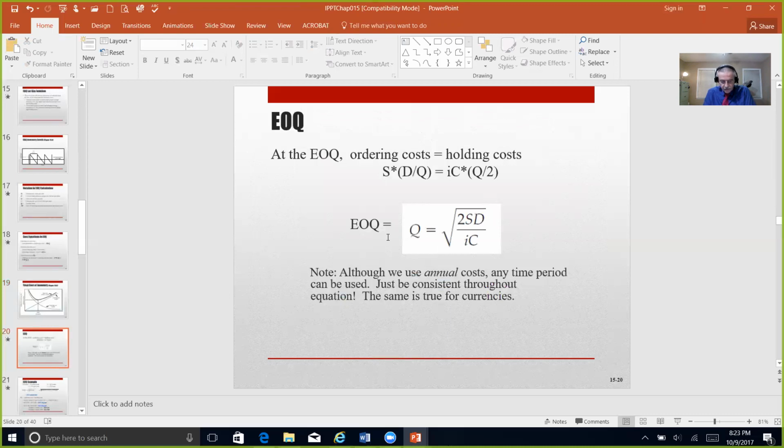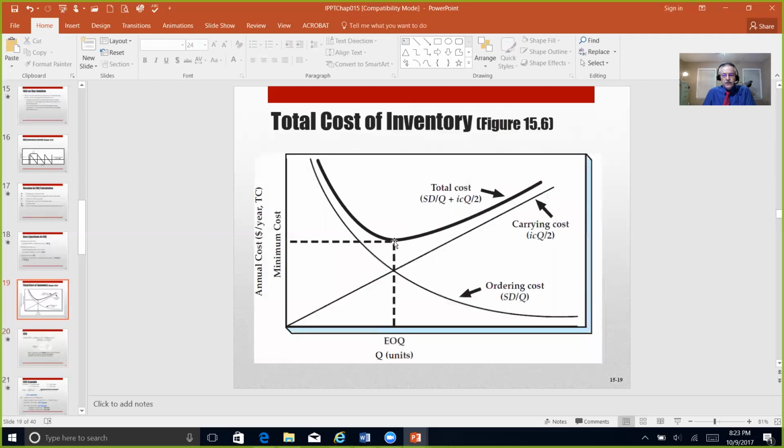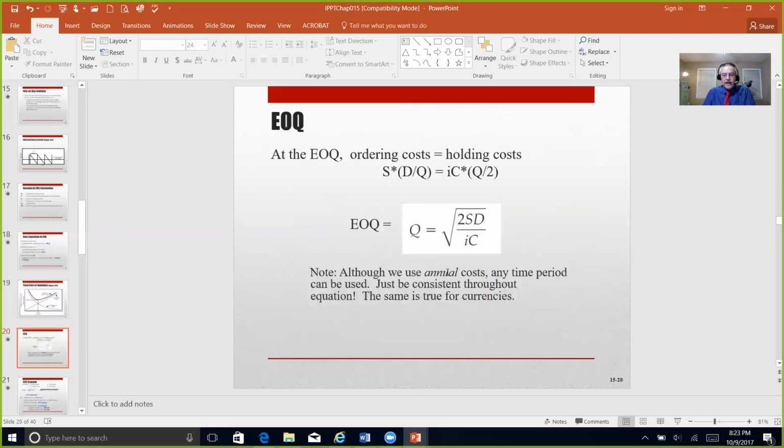What we're trying to find here is to solve this entire equation that you see on page 379, using calculus to get to this end result of isolating Q to determine the best value of Q that's going to minimize my total cost, which again is my carrying cost plus my ordering cost. So all of that to get down to this equation 15.2 on page 379.